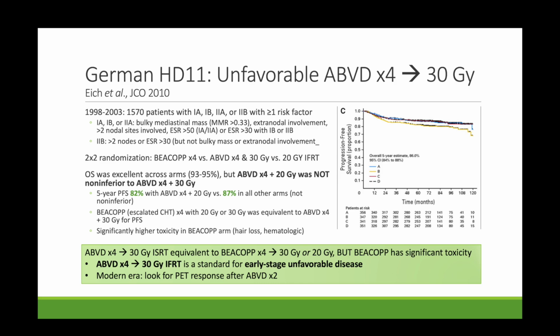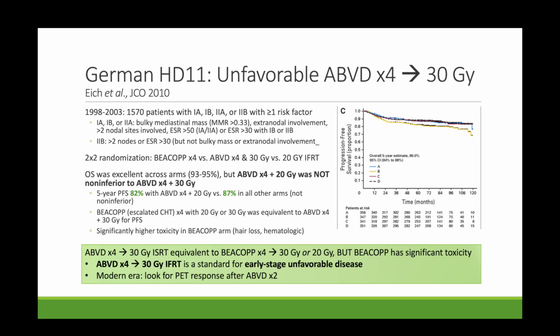And across all of the arms, the overall survival was excellent, 93 to 95%. And when they compared the radiation dose with ABVD, they found that 20 gray was not non-inferior to ABVD times 4 plus 30 gray. So the 5-year PFS was 82% with ABVD times 4 followed by 20 gray versus 87% in all of the other arms.